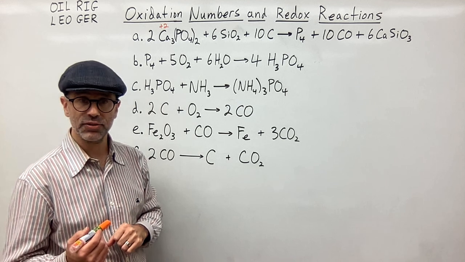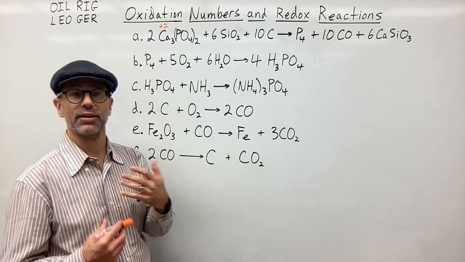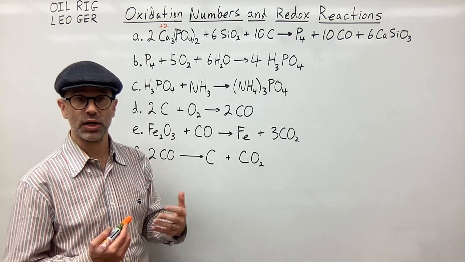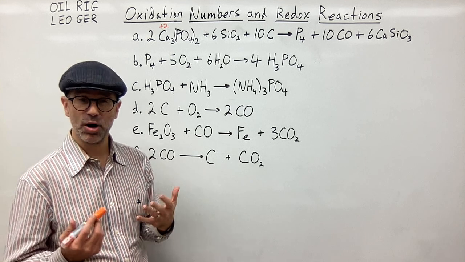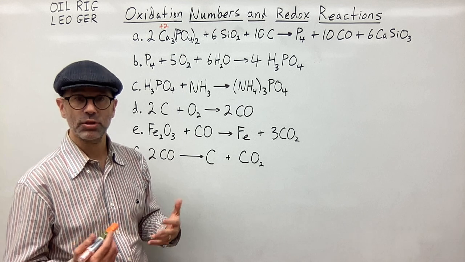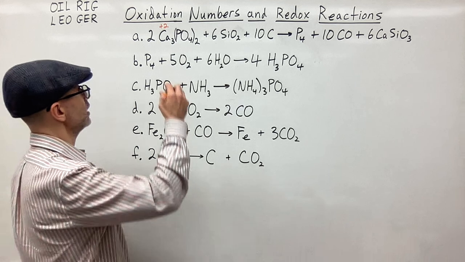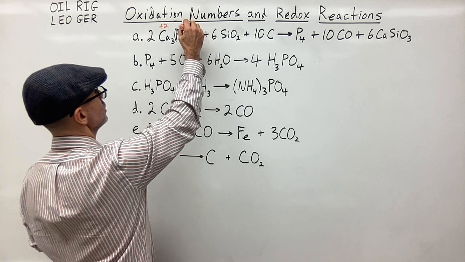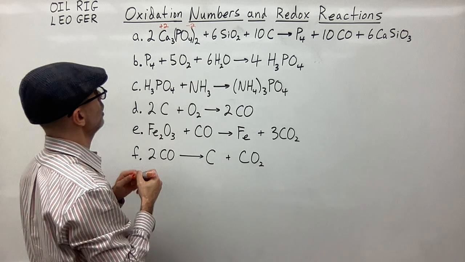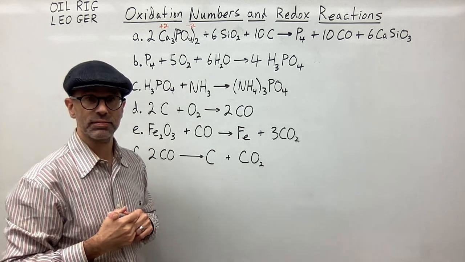Oxygen takes precedence over phosphorus. Again, this is part of the rules and the priority given to certain elements over others. Oxygen as part of a compound is going to have a -2 oxidation state. So I'll put a -2 over there for your oxygen.